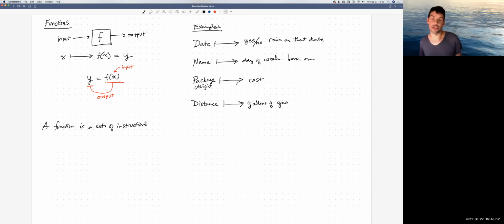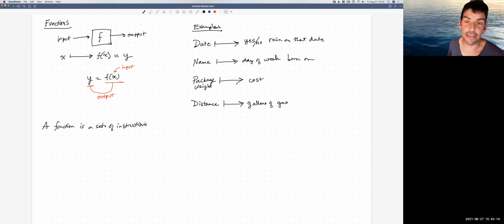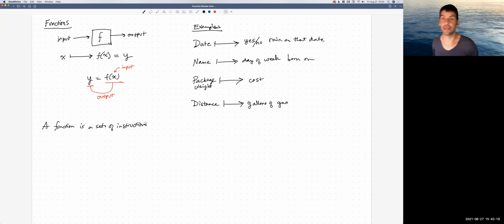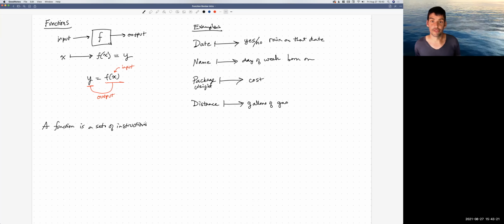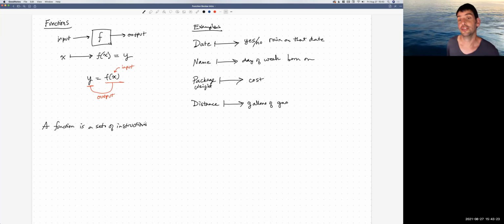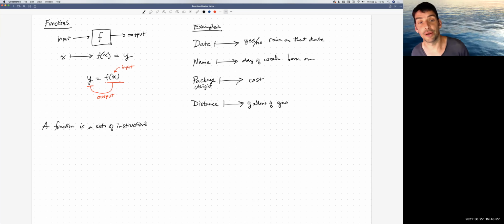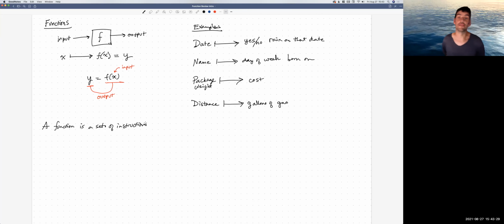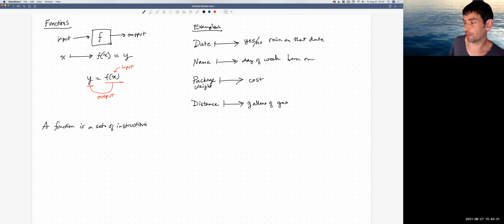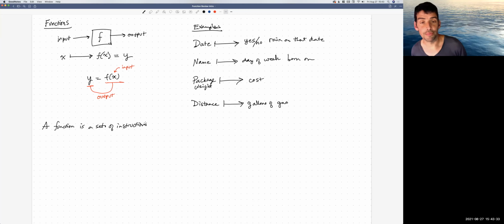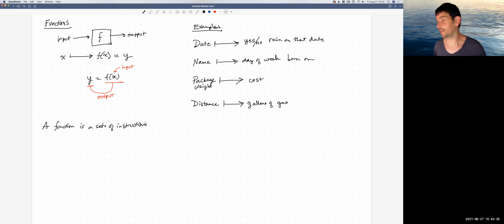Each of the functions that I gave in the example can be thought of that way, right? If you give me a date, my instructions are to go to whatever historical data I have about the weather in Seattle and look at that to find out whether it rained or not. Or if I have your name, I maybe look up your birth date and then go and figure out from a calendar what day of the week that was.